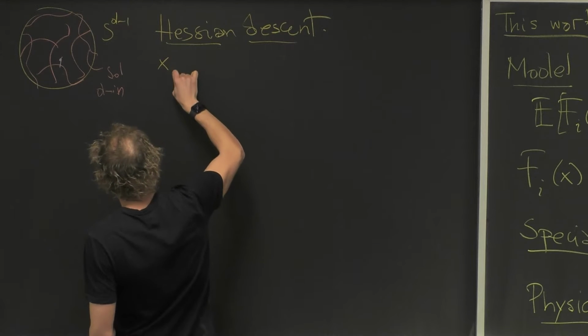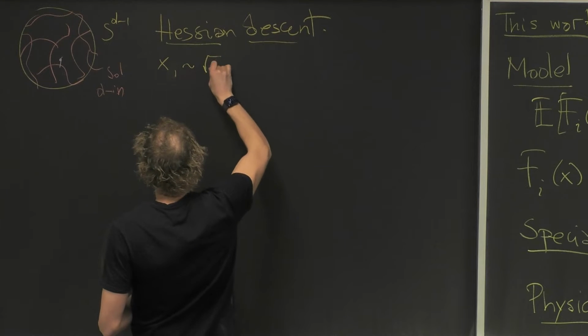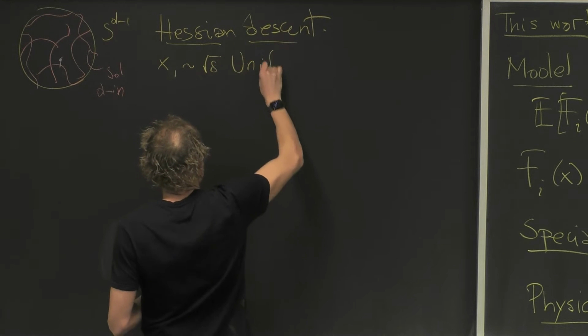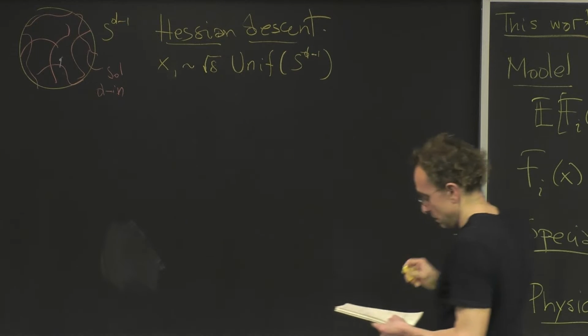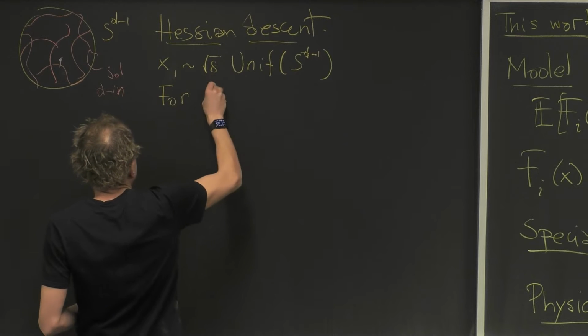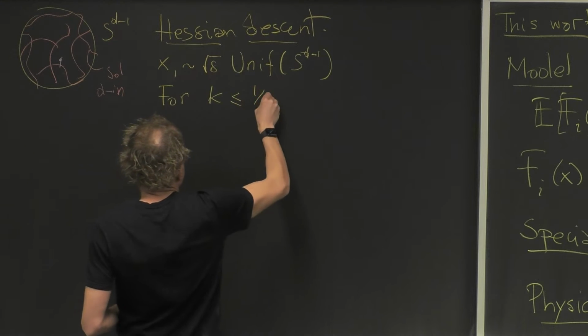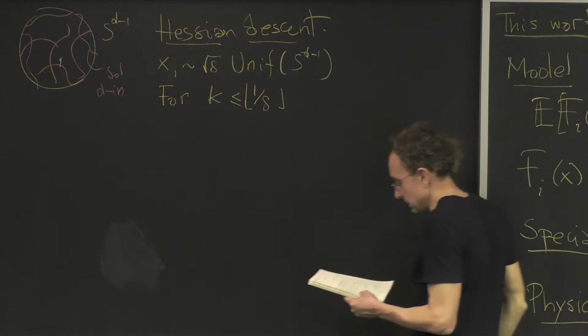Okay, we initialize our algorithm with a point very close to the origin. And then, okay, for k less than 1 over delta, we repeat the following.